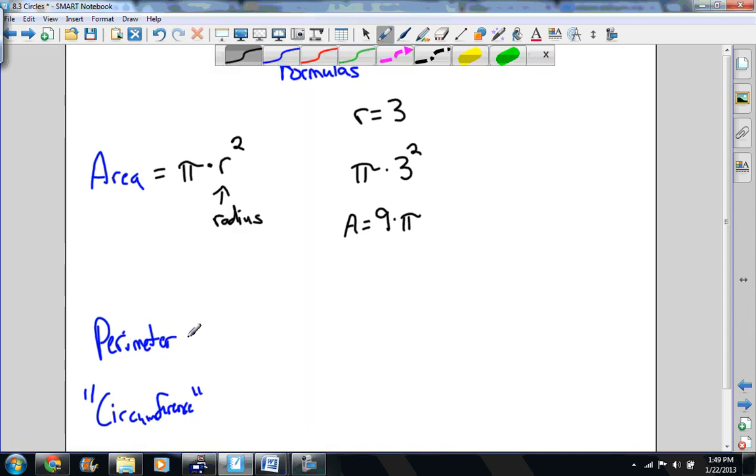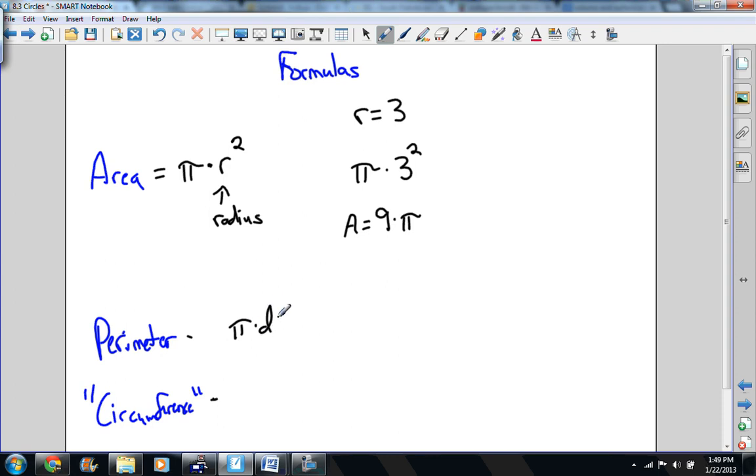Now, the perimeter of a circle is called the circumference. And that's pretty simple as a formula. There's two different ones. You could do pi times the value of d, which is diameter, or you could do 2 times the value of pi times the value of r, which is radius.